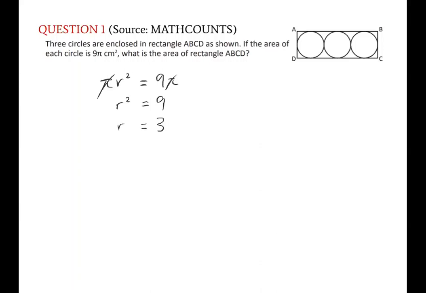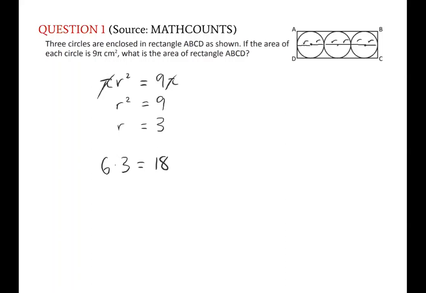Since the radius is 3, we can find that the length of the rectangle is equivalent to 6 radii, so 6 r's. So the length of the rectangle is 6 times 3, which is 18.